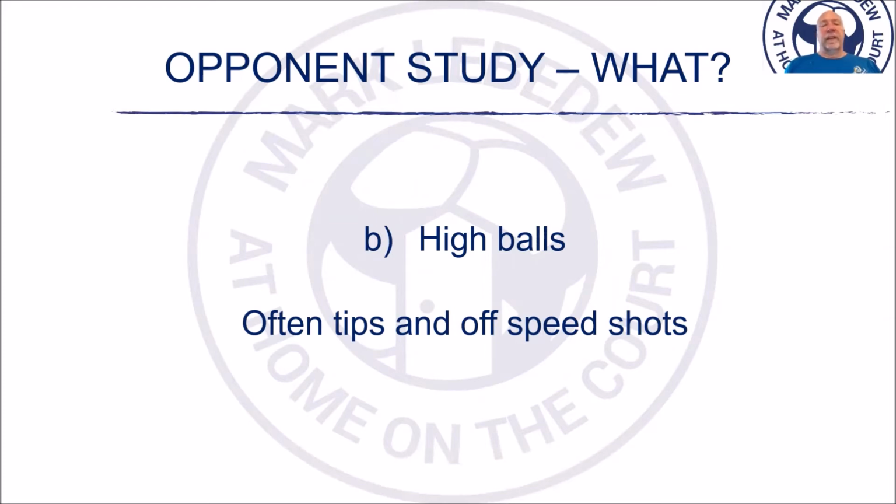And one of the tendencies in that case, a really common tendency, is to not be aggressive in attack and to use tips and off-speed shots, perhaps to take the setter out of the play. Different spikers will tip balls in different places on the court, and those are some of the things that we can look at straight away.